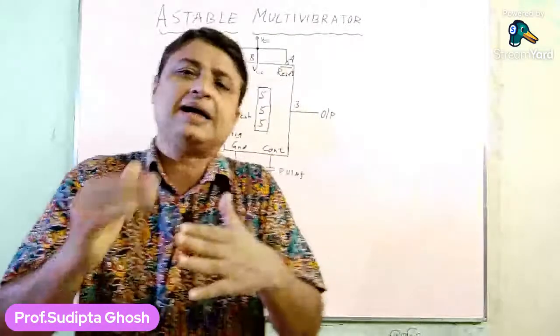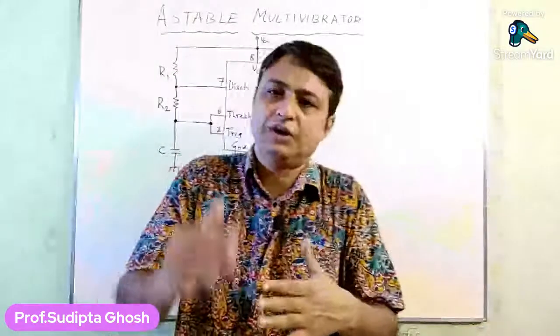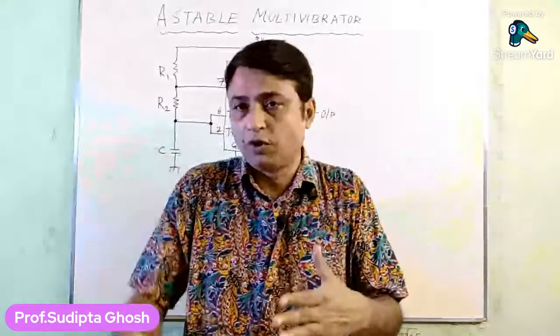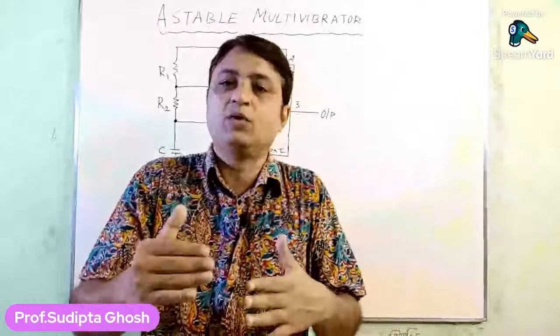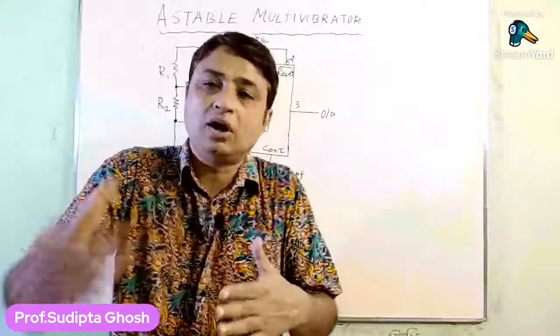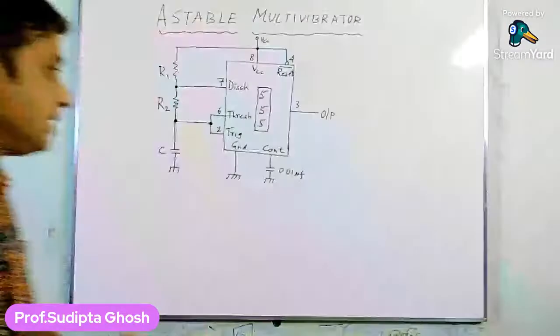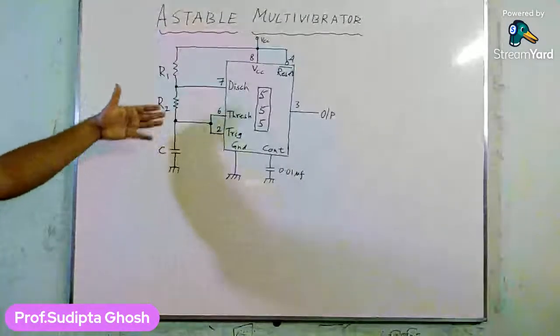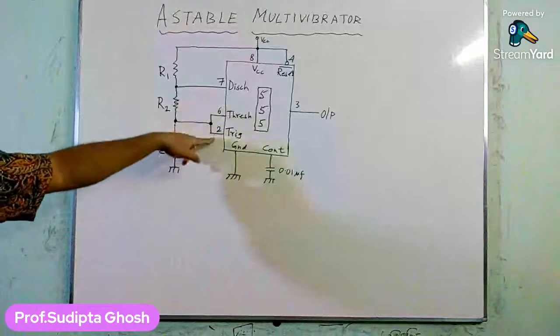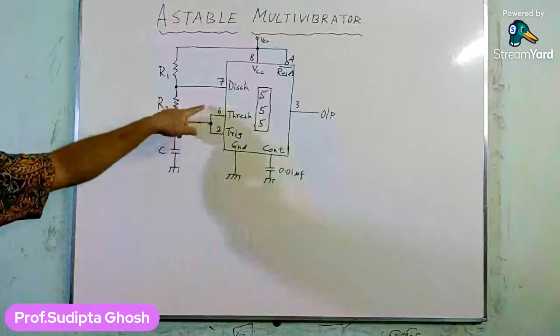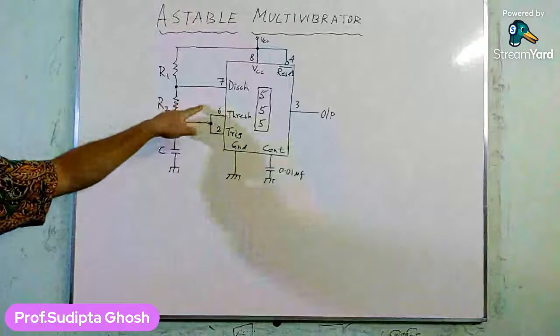So as the capacitor has a value of 3.3 or 3.4 volts, that is nearly equal to 2/3 VCC or beyond, what will happen? Look at the circuit. The capacitor is connected to the trigger as well as to the threshold pin, that is pin number 6.